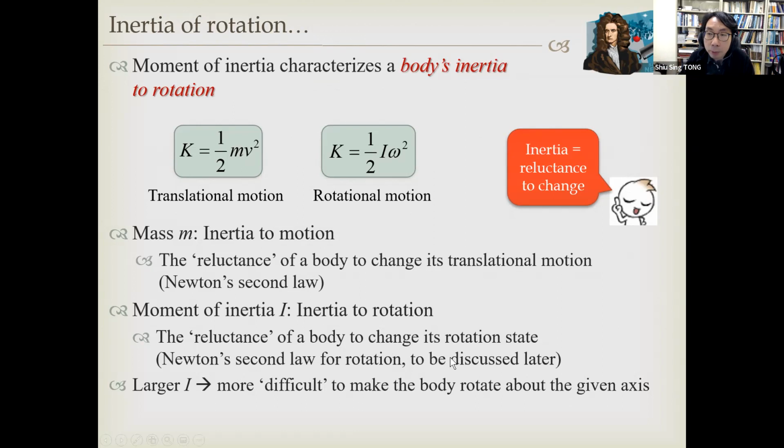And at that time, it will be much more clear that the I actually refers to the inertia of a body to the change in rotational state. So this is the physical concept that you might like to memorize. Larger I is more difficult to make a body rotate.